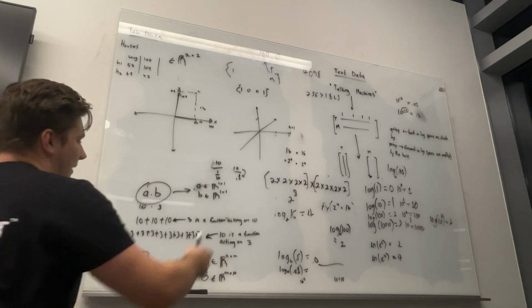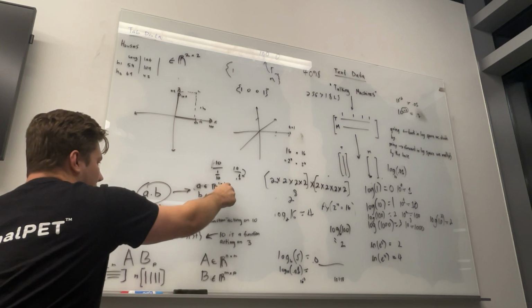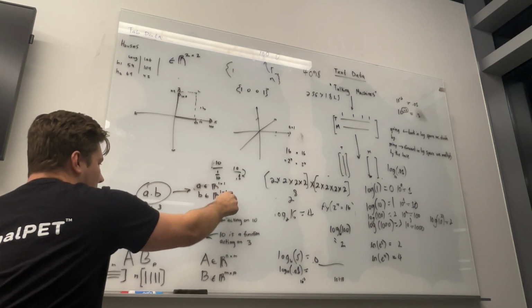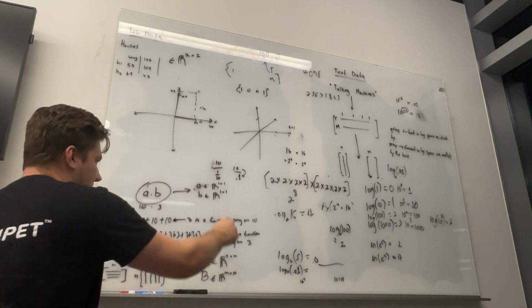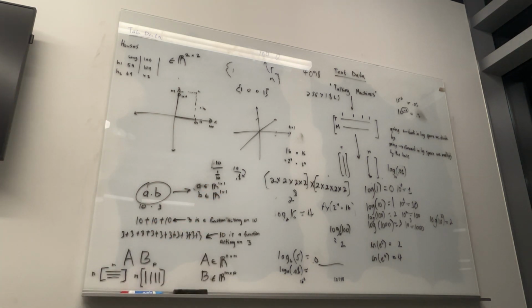So n is equal to 1, m is equal to 1, and p is equal to 1. But this is literally the same thing as this. It's just that now it's 1-by-1 matrices, and you can think of a number as just a 1-by-1 matrix.